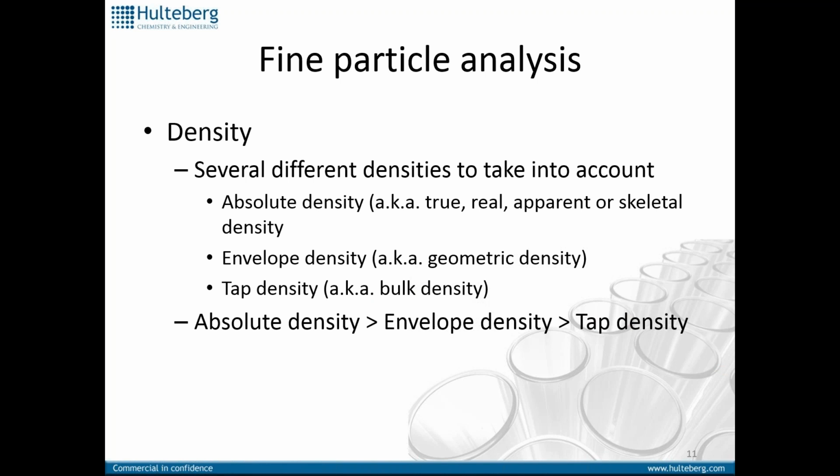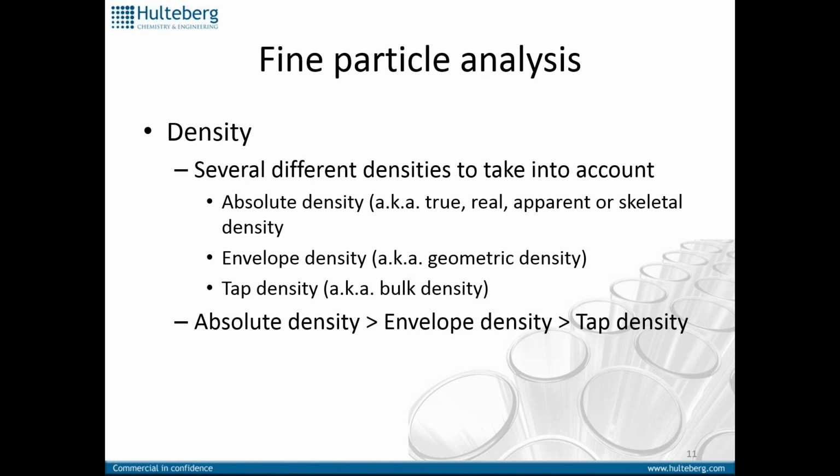We have the envelope density, or the geometric density, which is the density of the material if you assume them covered by a layer. And then you have the absolute density, which is the density free of all pores and just referring to the material in the walls of the catalyst material.